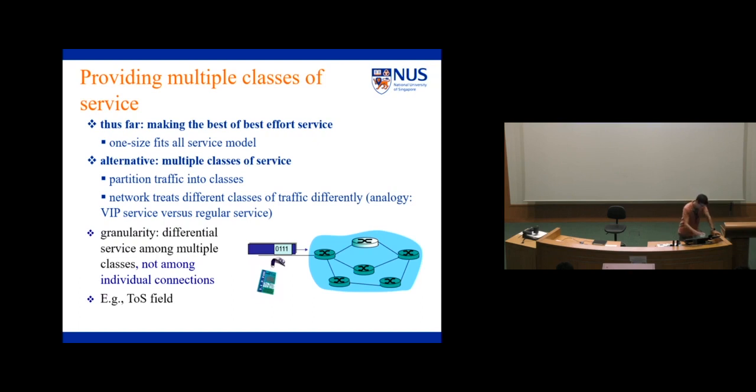Well, we have a hint here. It's the TOS field, the type of service field. It's a field in the IP header in the network layer. And applications can indicate the TOS field based on their priorities and requirements.